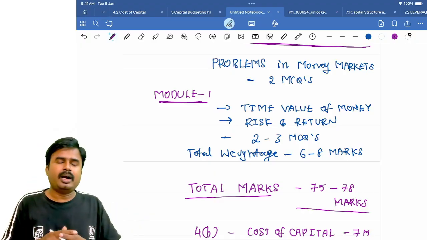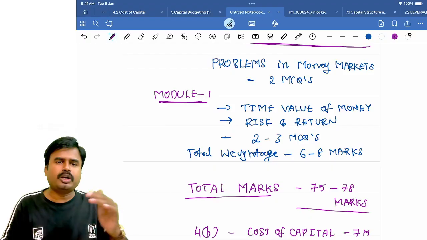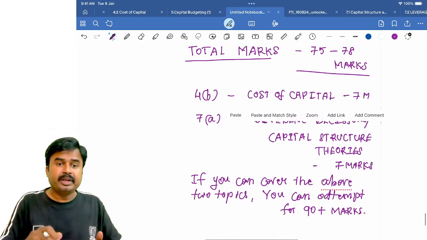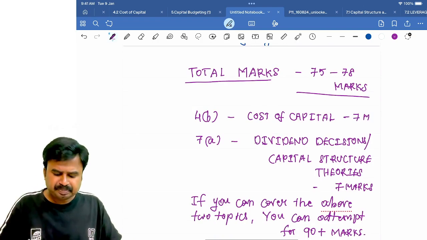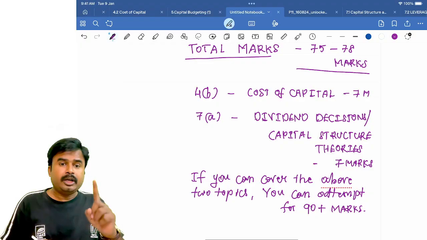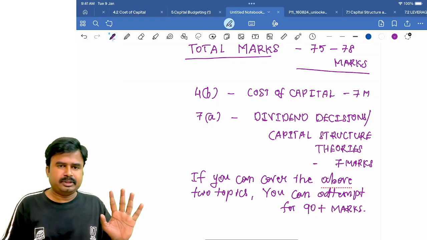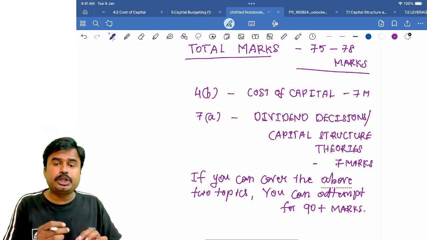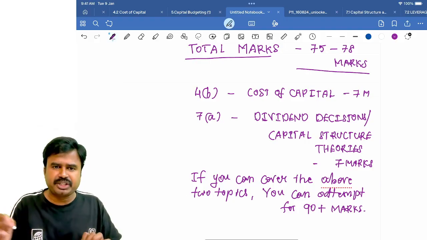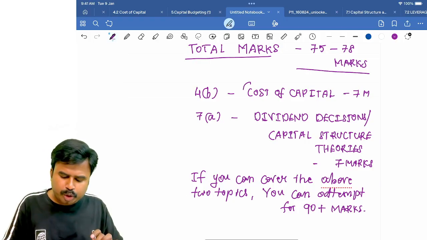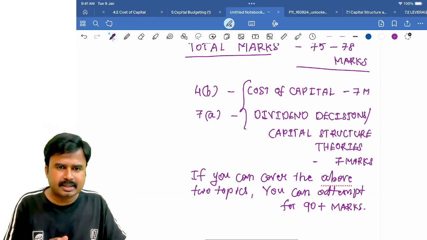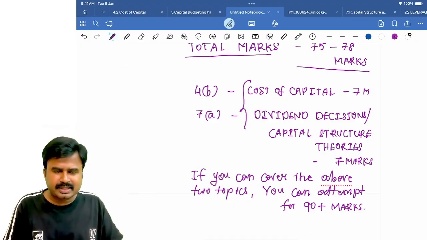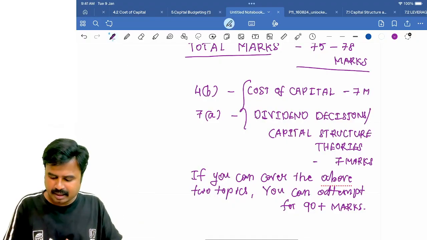Yes, sir. If I want to get 80 plus marks, then what should I do? Simple, my dear students. Even here, you don't need to touch business data analytics, but you should cover the cost of capital chapter, and also dividend decisions or capital structure theories. By covering these 2 topics, you can attempt an additional 14 to 18 marks at least.